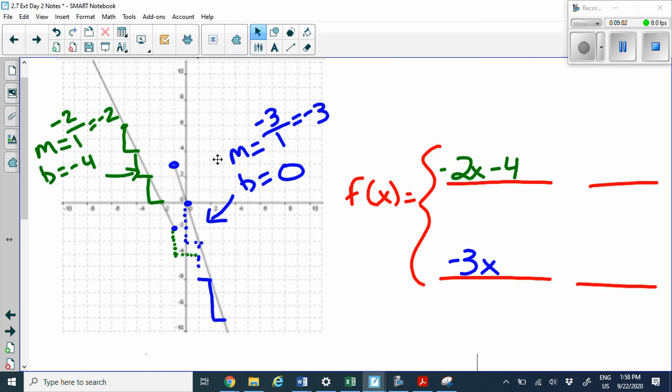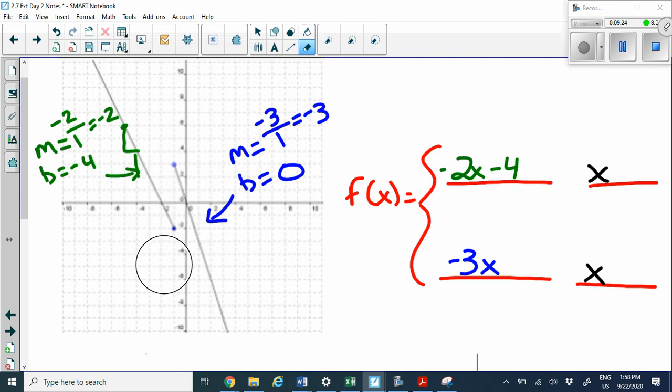Our last thing we need to do is figure out the restrictions. First, I'm going to put x, because restrictions always deal with the x. It's dealing with our domain. I'm going to erase some of this extra so we can clearly see where the open and closed circles intersect. I'm going to redo this because it was grainy and hard to see.